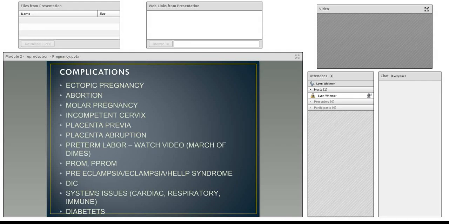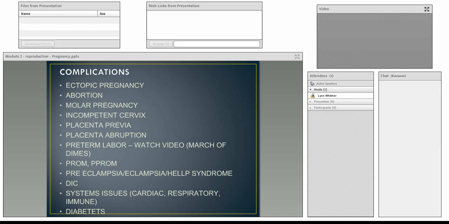They're going to have more problems with nausea and vomiting. Their uterus is going to grow very rapidly. This is a dangerous situation, and if it's not checked, most often it will resolve itself. It will abort itself. But if it doesn't, it can cause a uterine rupture if it grows so rapidly.